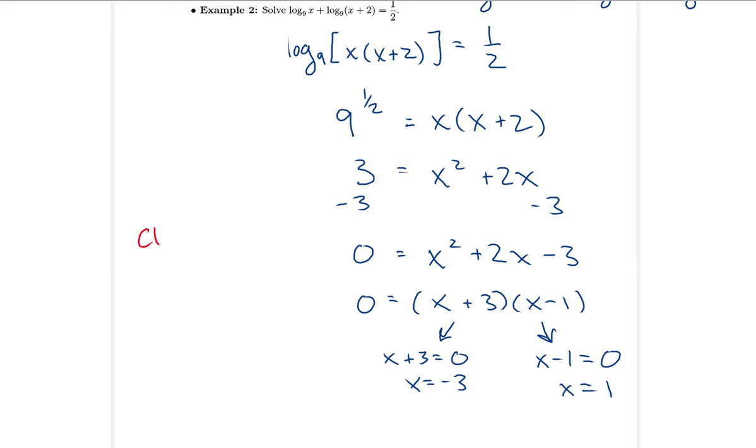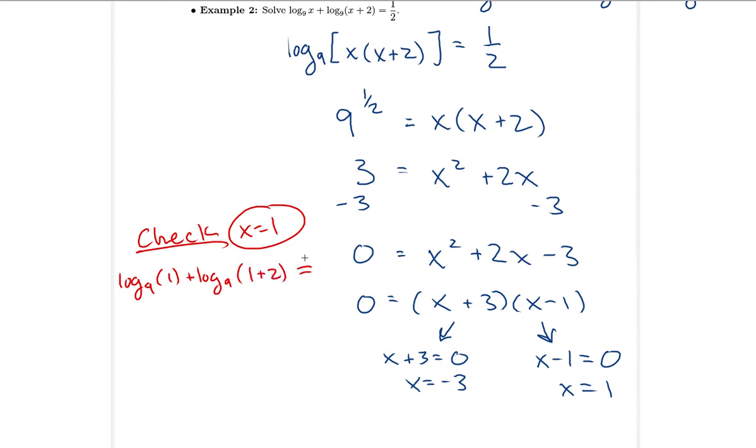So we'll go over here for our check. Let's check x = 1. If I plug x = 1 in, I've got log base 9 of 1 plus the log base 9 of 1 + 2. And I want to know, does that equal 1/2? Well, the log base 9 of 1, remember, that's what number do I raise 9 to in order to make 1?